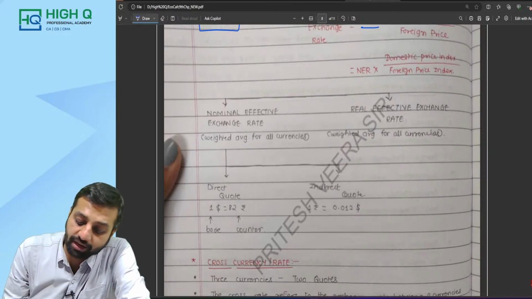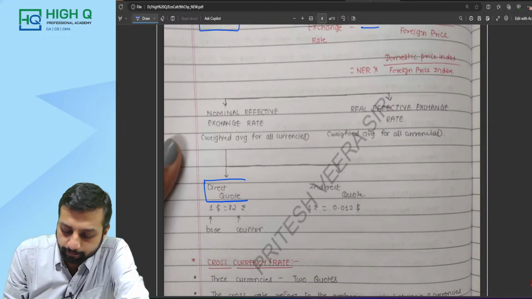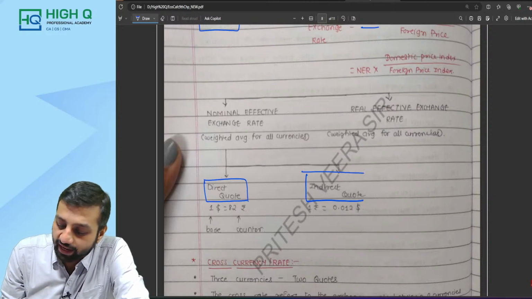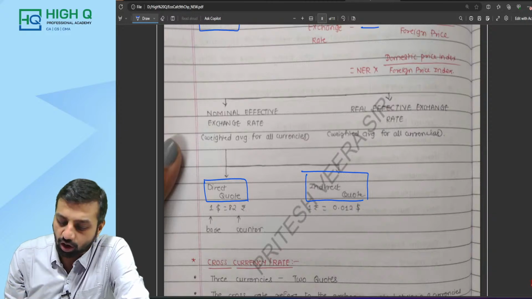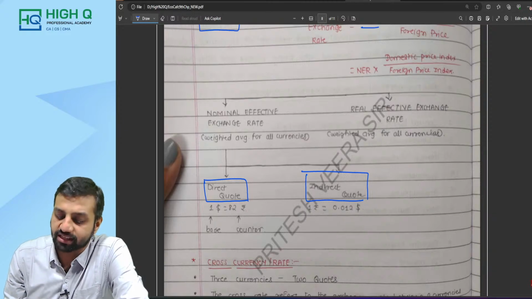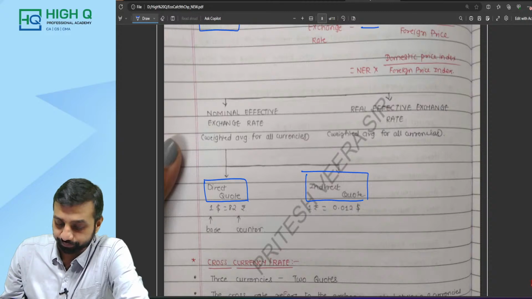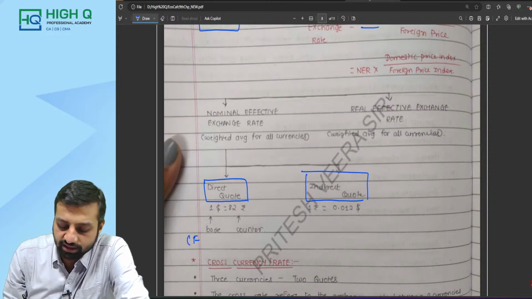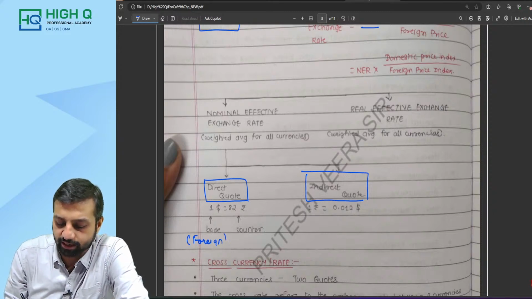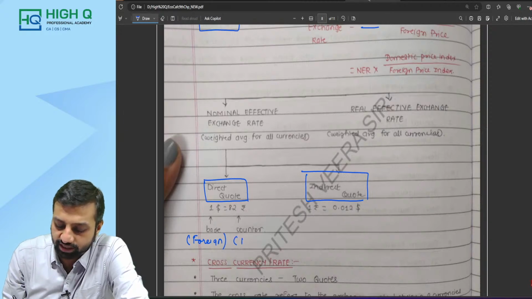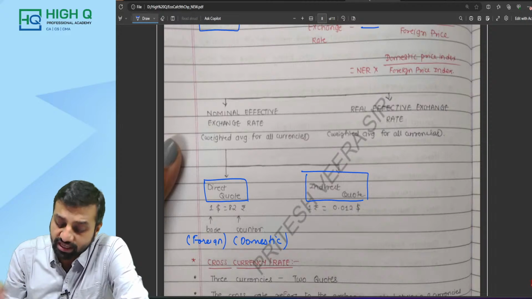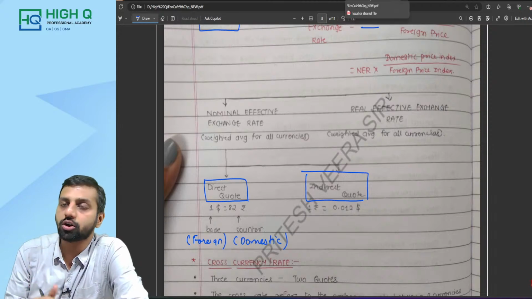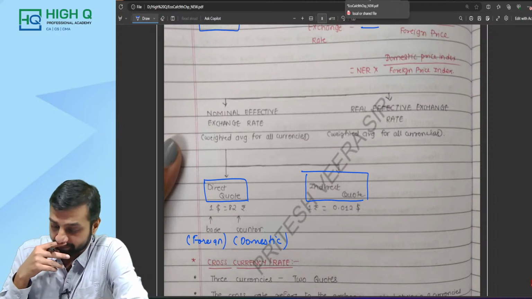Now under nominal exchange rate there are 2 quotes, direct quote and indirect quote. So $1 is equal to 82 rupees is a direct quote, when base currency is a foreign currency and counter currency is the domestic currency. So it's a direct quote for India. $1 equal to how many rupees?